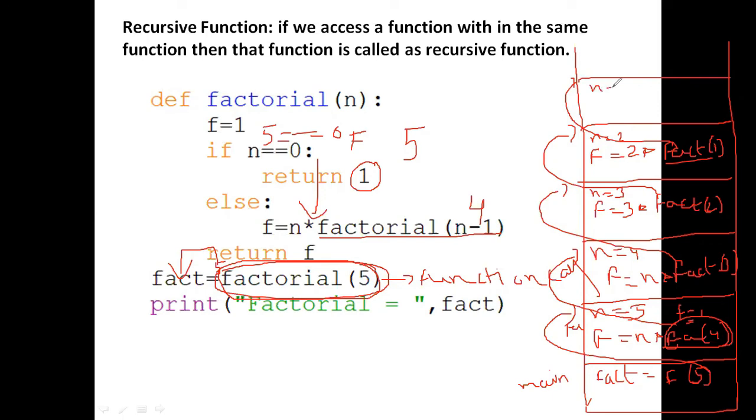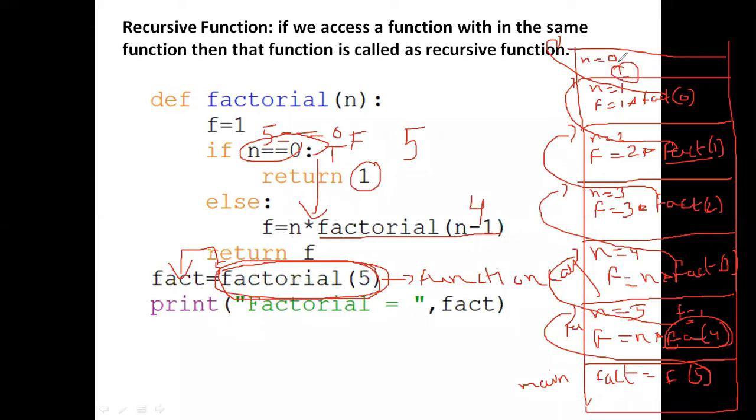Now n equals 1, and f equals 1 into fact of 0. We don't know the value of fact of 0, so again memory is allocated. Now n equals 0. This condition is true, and it returns 1.